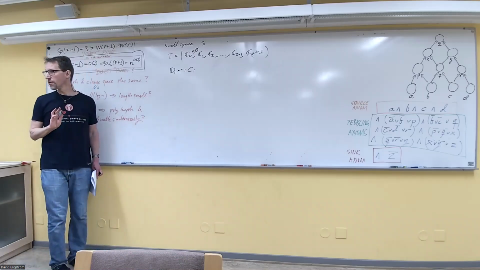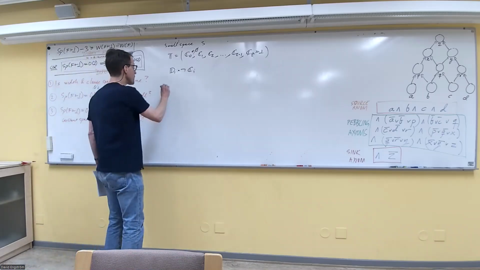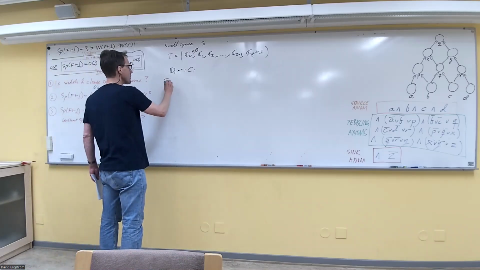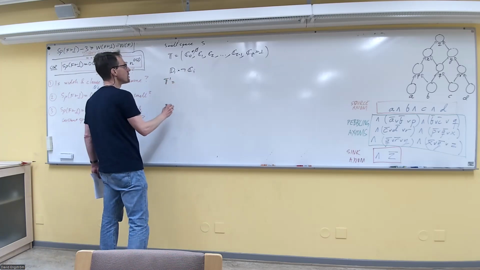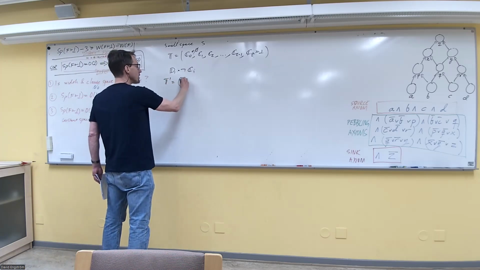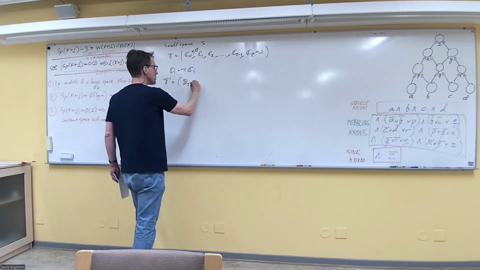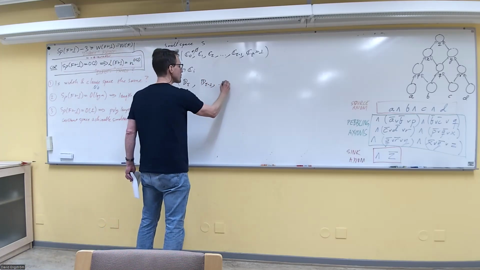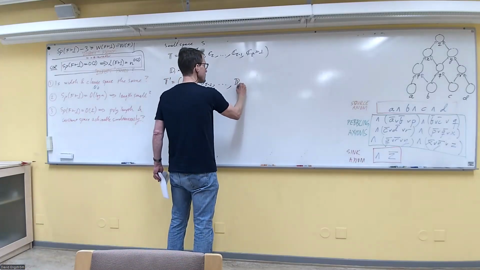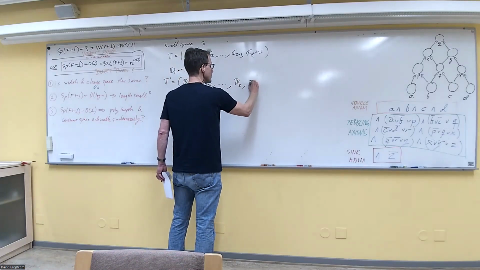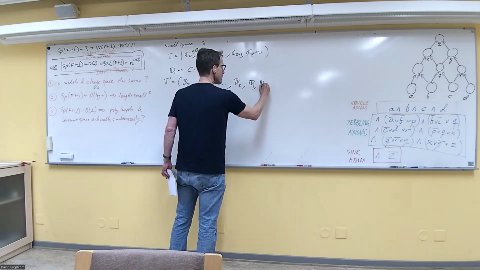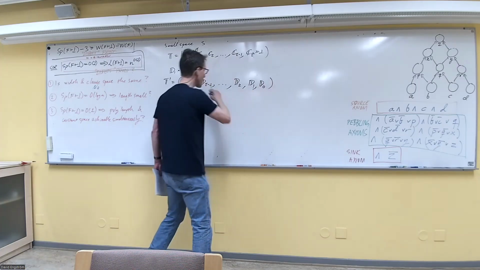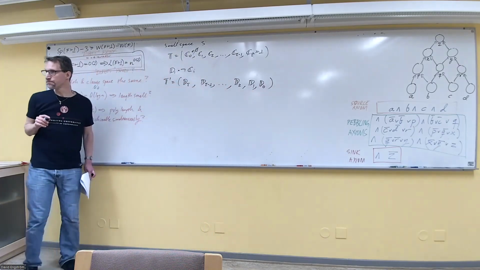Are you with me so far? Okay. Now let me write pi prime to be D_tau minus 1, dot dot dot, D2, D1, D0. What can you tell me about this?